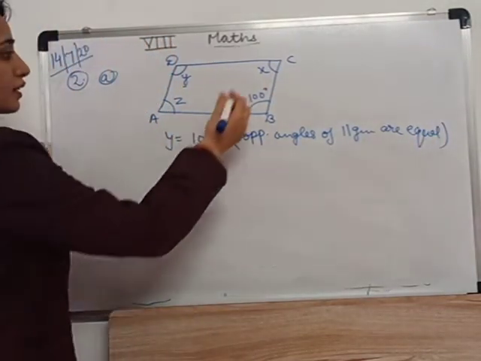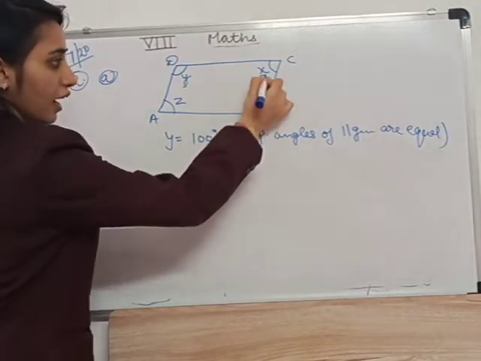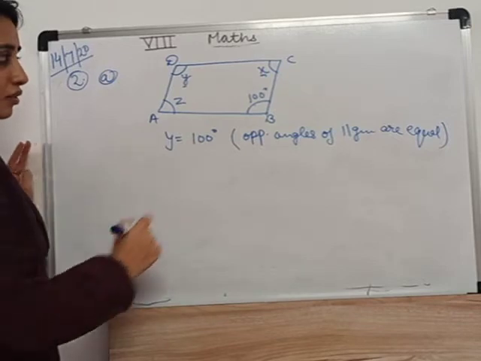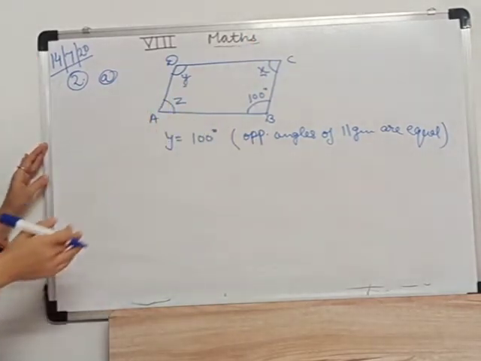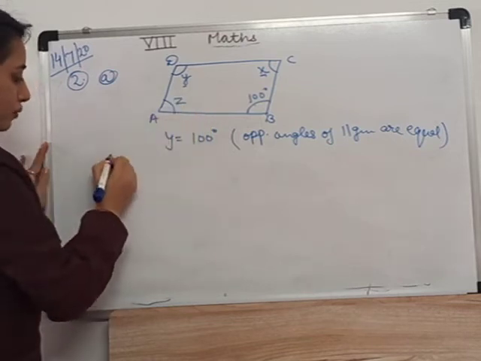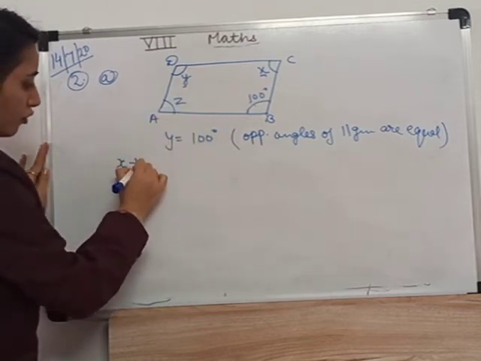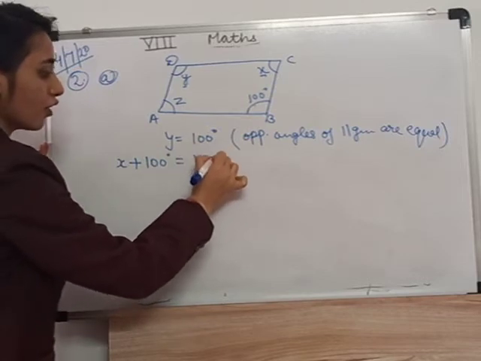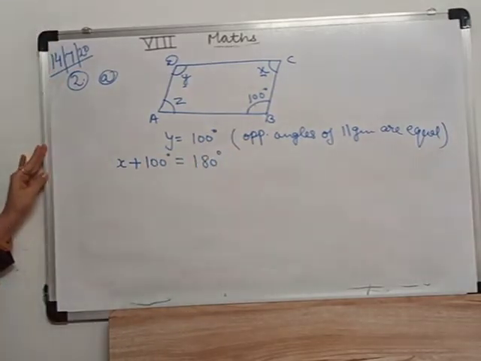Now next, these are adjacent angles. These are adjacent angles; those angles lie on the same side. These are called adjacent angles. Now in a parallelogram, we know the sum of adjacent angles of a parallelogram is equal to 180. What's the reason?